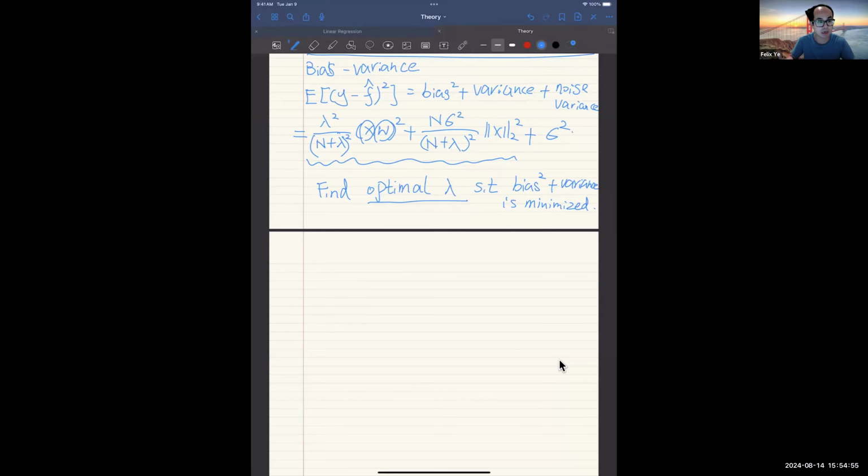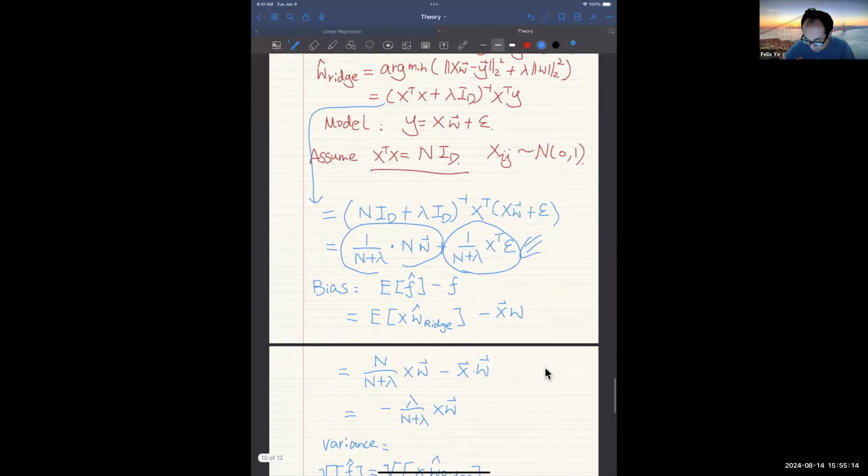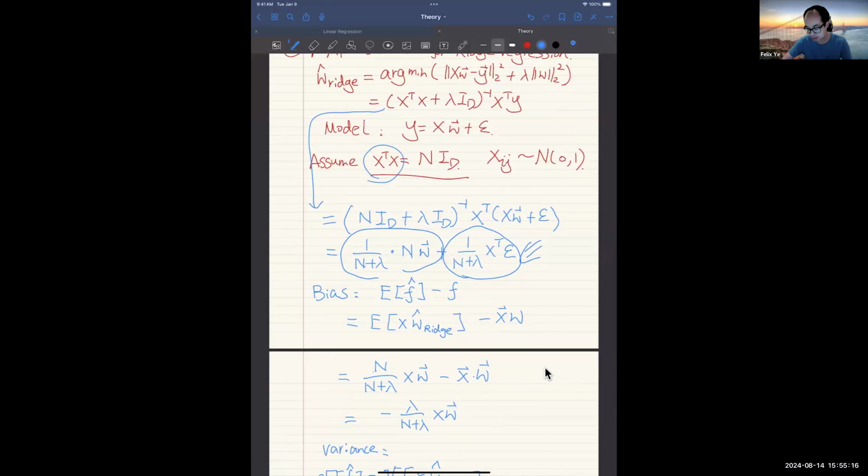And basically we gave two simple examples. But the issue is, if you are given very complicated models, how can we choose the best model? Even for ridge regression, the derivation is very complicated. We need to make some unrealistic assumptions, for example that x transpose x has to be n times identity, which is unrealistic.